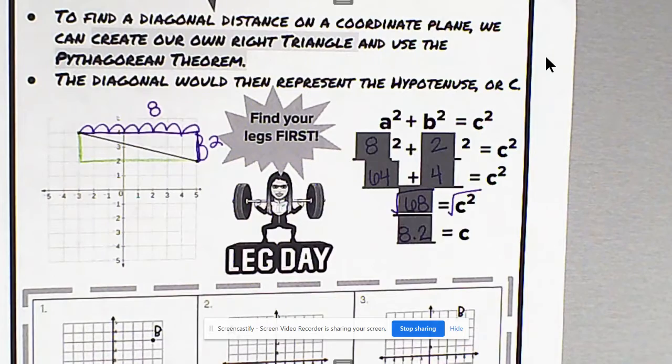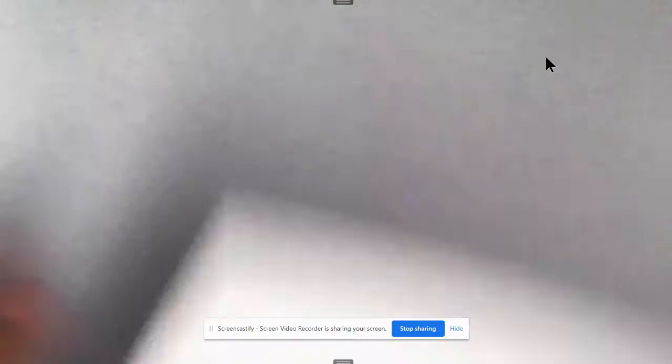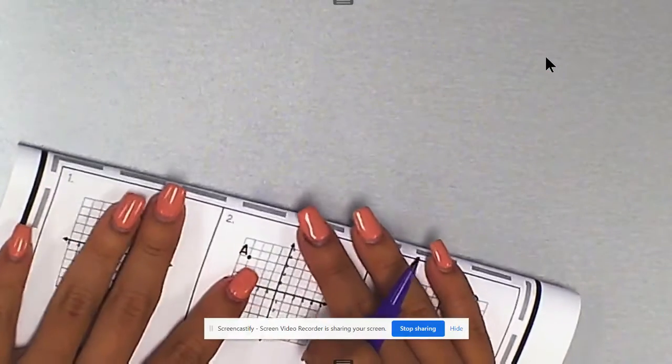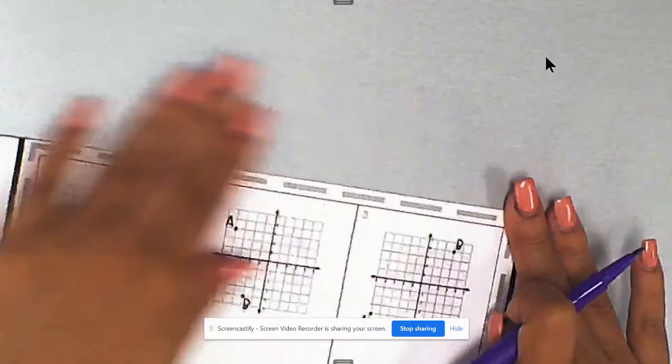Okay, I know that might be a little confusing right now, and that is fine. We are going to practice on the bottom. I'm actually gonna flip this like this so that I have room.